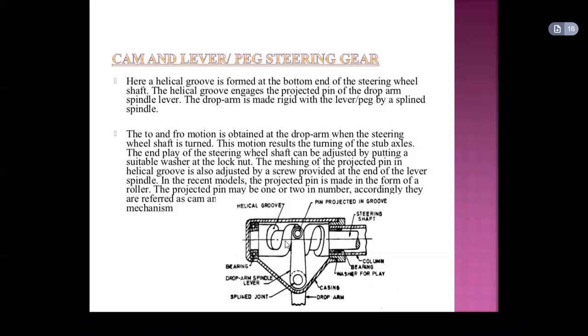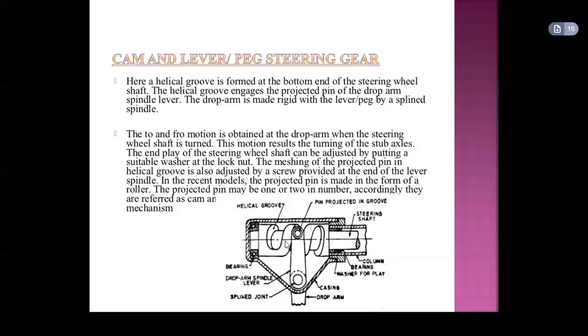The to and fro motion is obtained at the drop arm when the steering wheel shaft is turned. This motion results in the turning of the stub axle. The end play of the steering wheel shaft can be adjusted by putting a suitable washer at the lock nut.